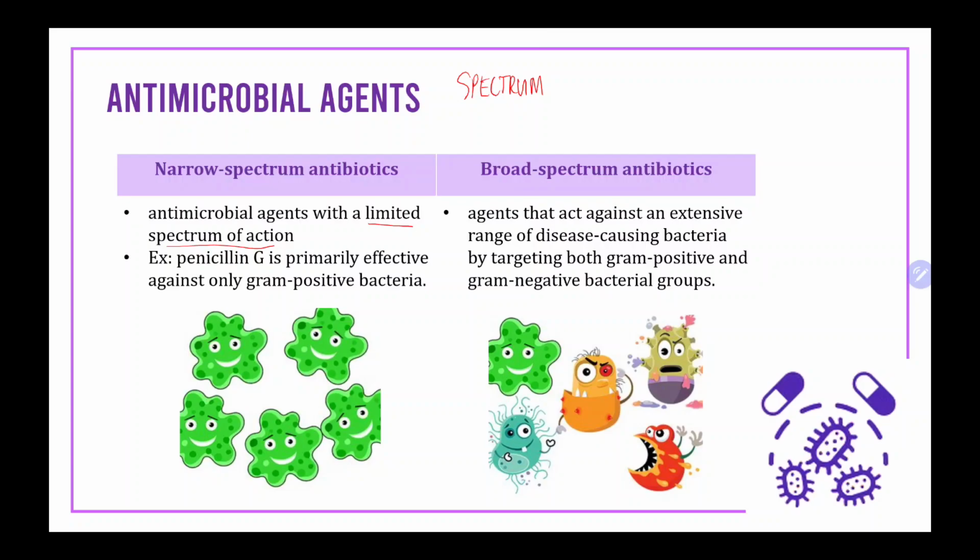So, meaning, only there can it be used as an antibiotic. On the other hand, when we say broad-spectrum antibiotics, from the name itself, it can act against an extensive range of disease-causing bacteria by targeting both gram-positive and gram-negative bacterial groups.